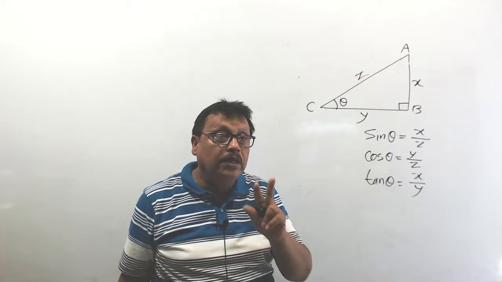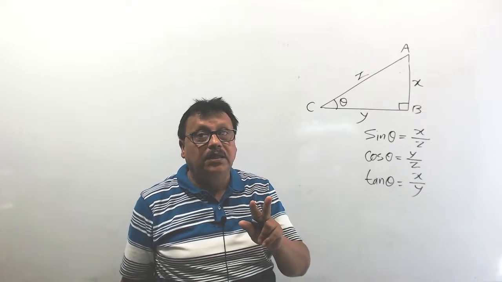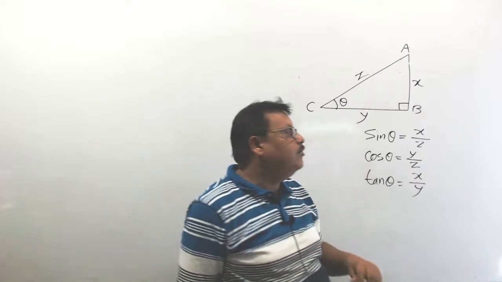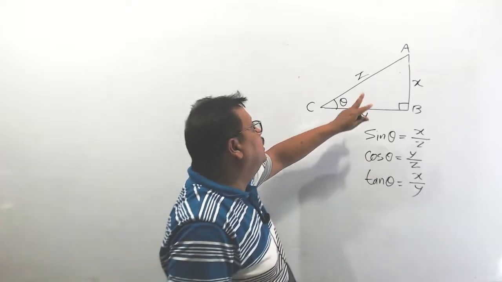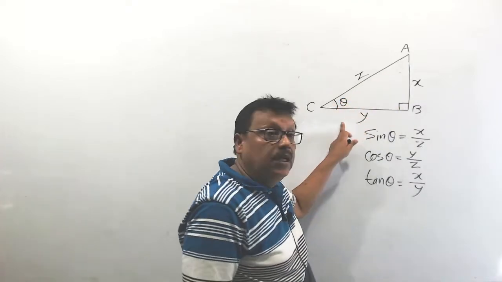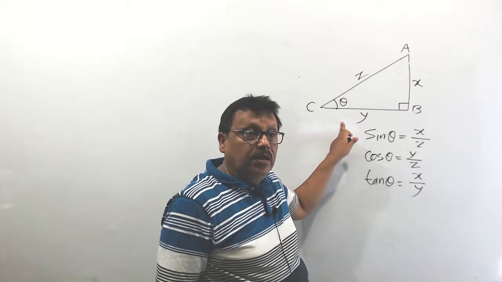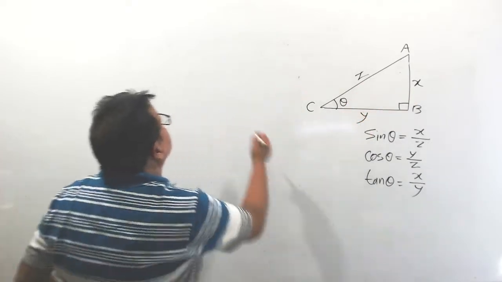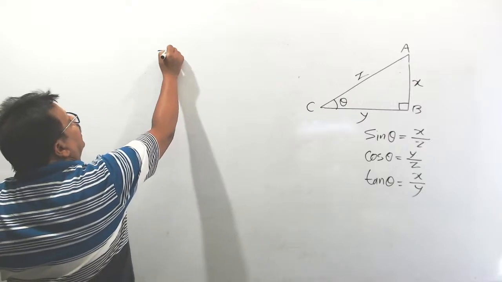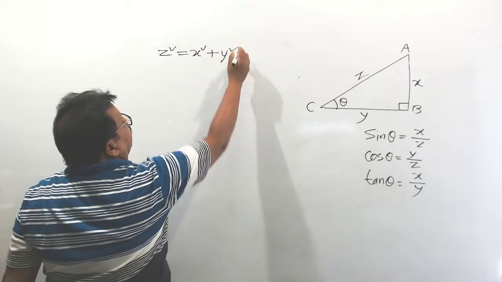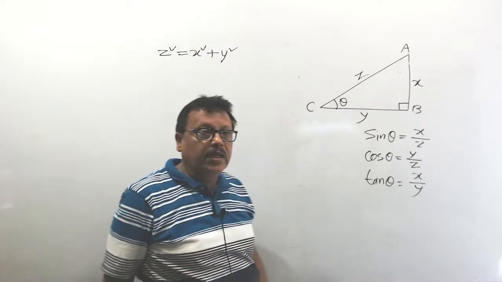Of course, there is one theorem, the Pythagoras theorem. The Pythagoras theorem says hypotenuse square is equal to height square plus base square. That means by Pythagoras theorem you can write z square equals x square plus y square.